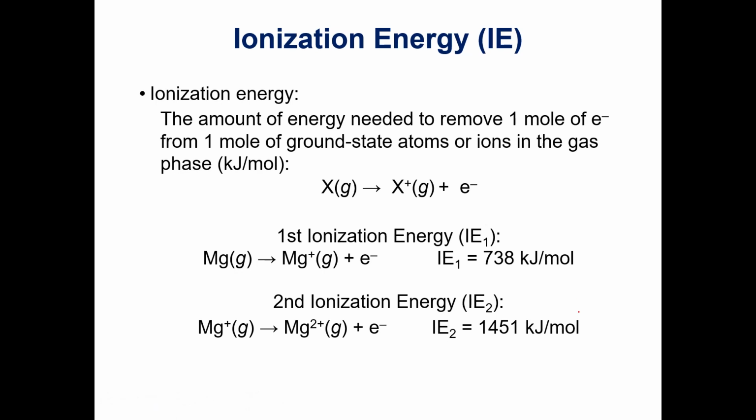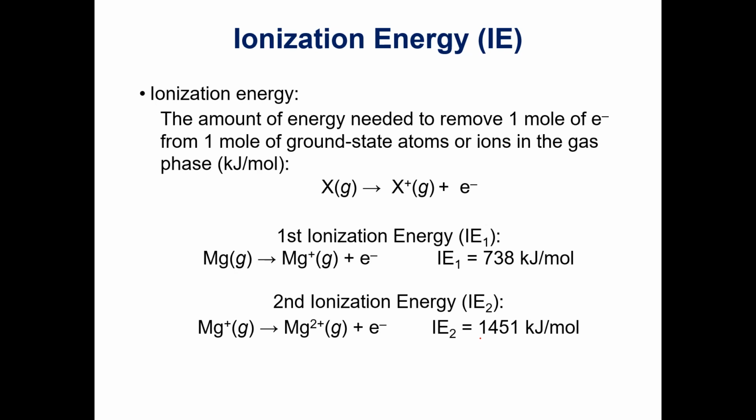As we try to take away more electrons, the ionization energy increases. So we measure this 1 mole at a time. For example, if we look at magnesium, when we remove the first electron, the ionization energy is 738 kilojoules per mole. When we remove a second electron, the ionization energy is much higher.